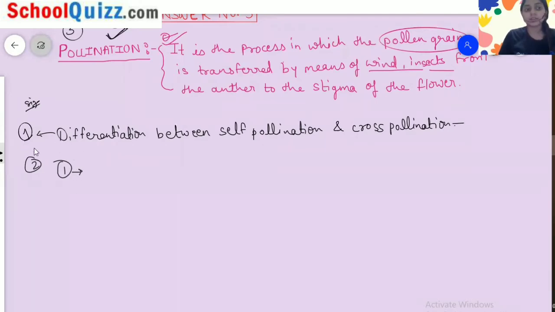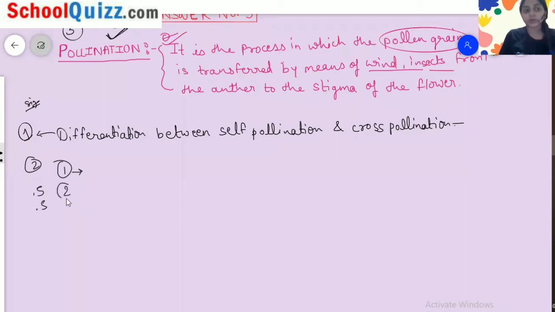Why? Because he can give you 1 mark for the 1 point, or he can also give you 0.5 for the 1 point. So he can divide the marks into half.